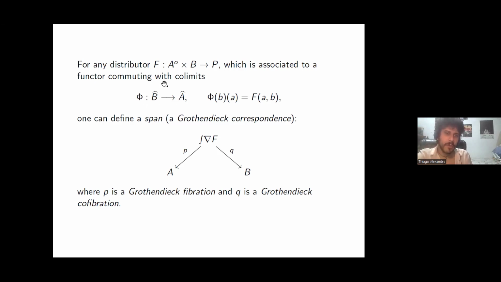But the interesting point is that if you have a distributor, one can define a span, a particular kind of span, which I call a Grothendieck correspondence. A span is a diagram of this form, so there is no arrow connecting A and B, but there are arrows of this form here, and a third small category connecting A and B. The projection P is a Grothendieck fibration in the categorical sense, and Q here is a Grothendieck cofibration.